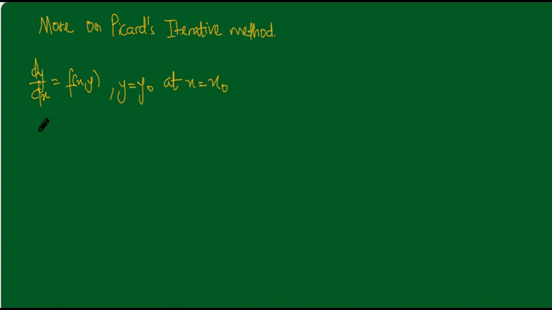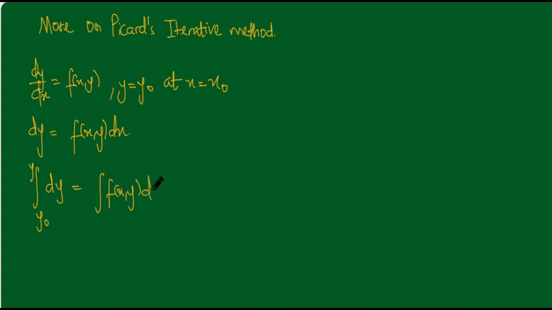So recall that we rearrange the differential equation to give dy is equal to f(x, y) dx. Then we went ahead to integrate both sides using the limits. The integral of dy between y naught and y became the integral of f(x, y) dx between x naught and x. On integrating the left hand side, we have y within the limits y naught and y, which is equal to the integral within the limits x naught and x of the given function with respect to x.